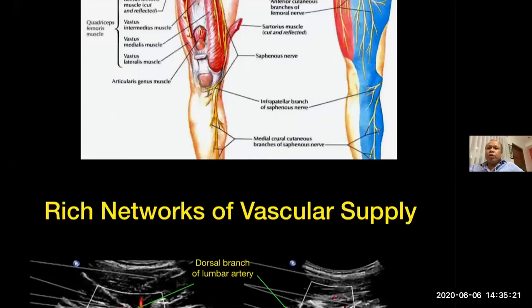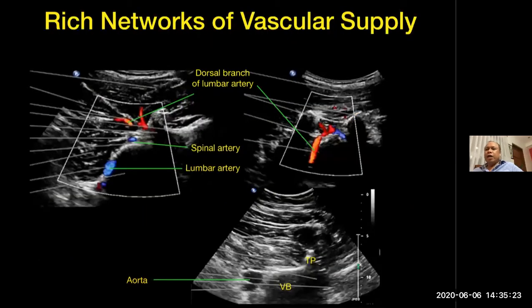So it is also important to realize that as we approach this area, there's a lot of arteries and vascular structures that we might see in the process of injection. And so just for us to understand that just close to the vertebral body is the aorta. Of course, it's on the opposite side.